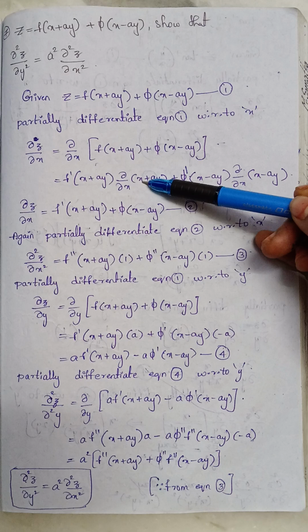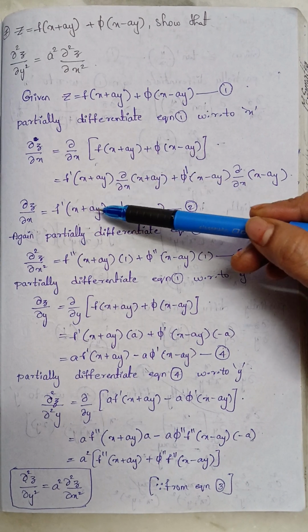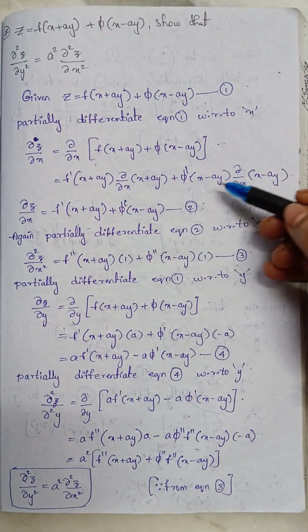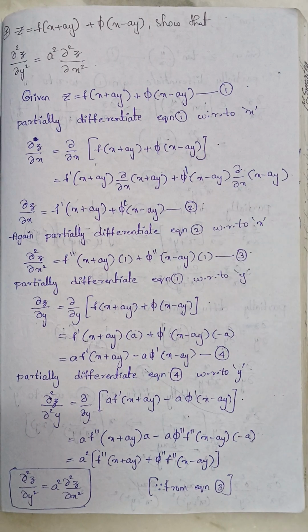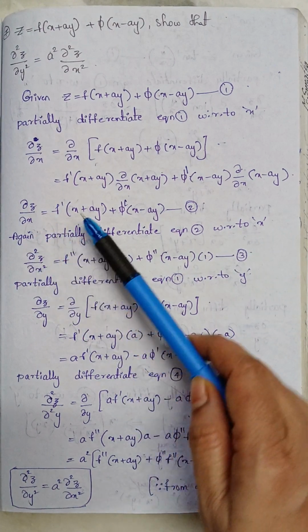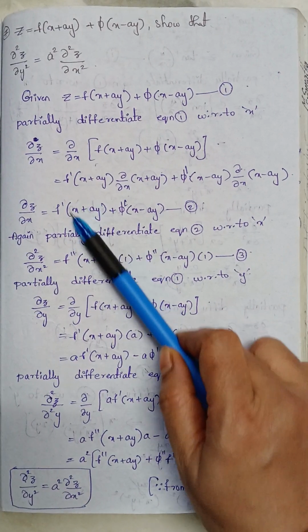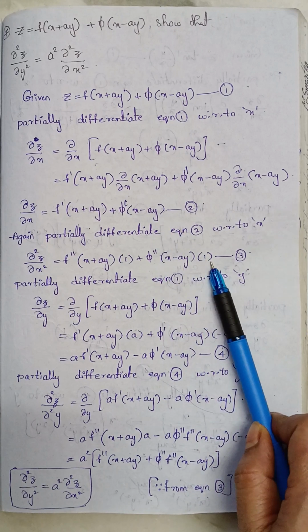With respect to x means it is 1 plus this is constant 0, right? It is 1 into 1 is this one, and pi dash x minus ay with respect to x means this is 1 minus 0. So take it as it is. Again partially differentiate equation 2 with respect to x means again differentiate. Then it will be f double dash of this, again differentiation means into 1. Here also double derivative into 1.